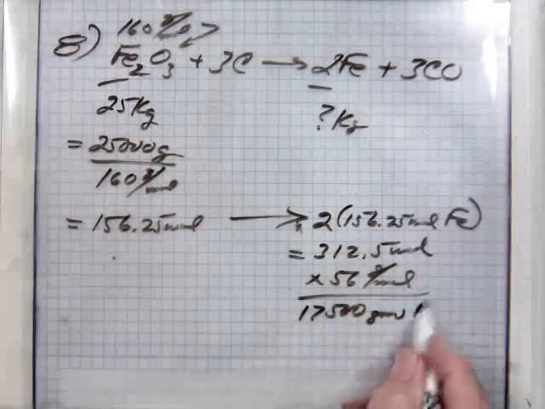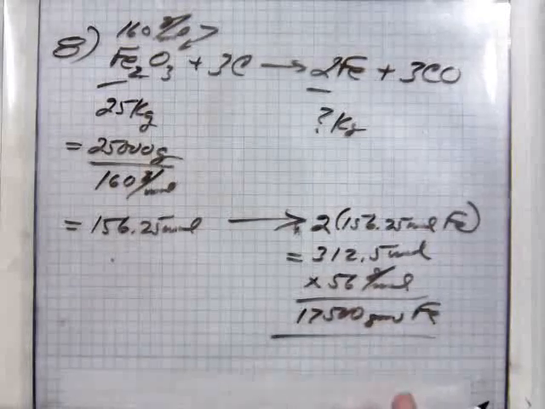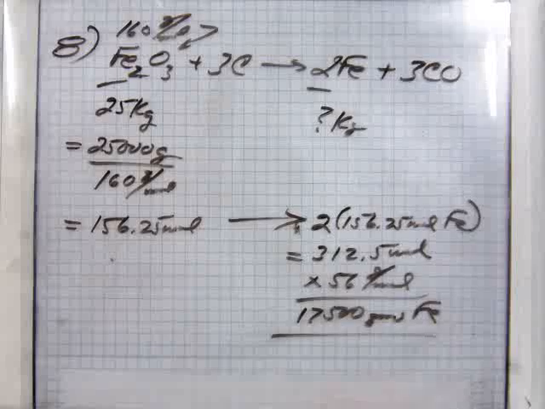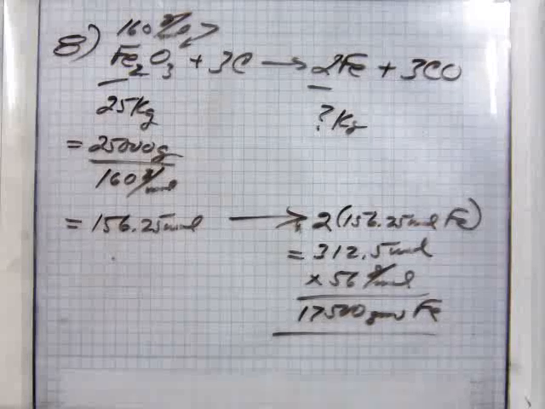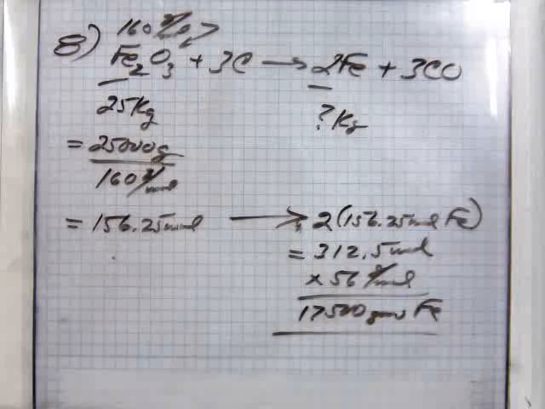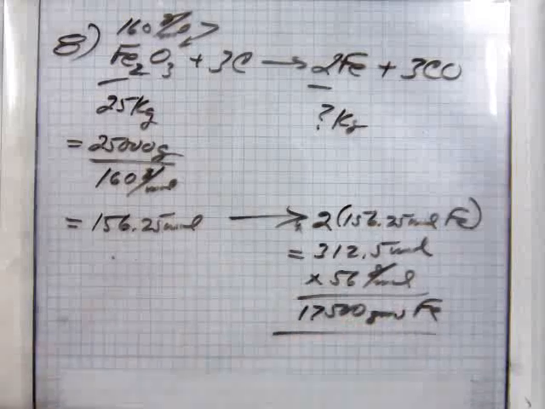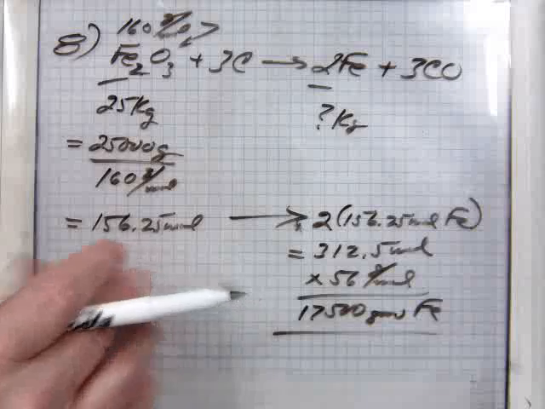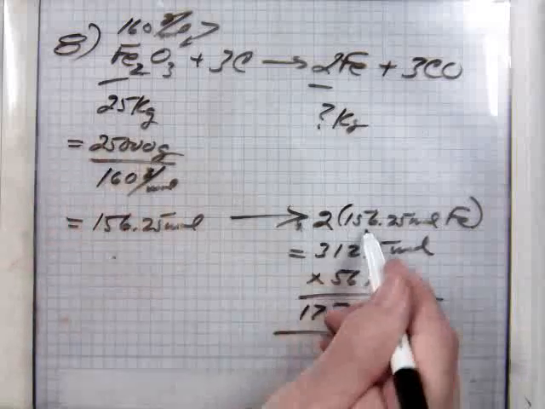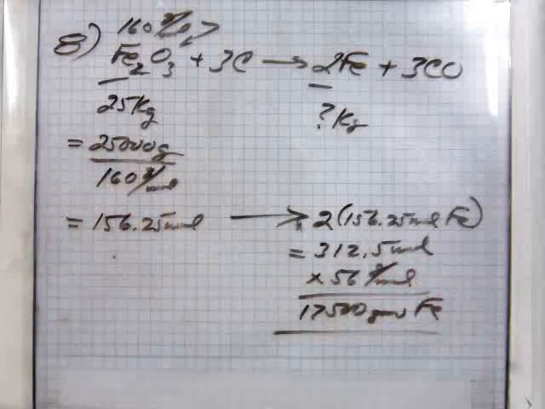grams of iron. I need to get that to kilograms, divide by what? How do I convert it? Divide by 1,000. Once you see what I'm just trying to teach you, convert to moles is all we did. I took the kilograms and went to moles, and it was easy. Now you got to go from moles back to grams.